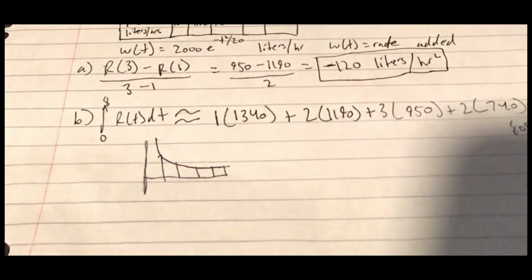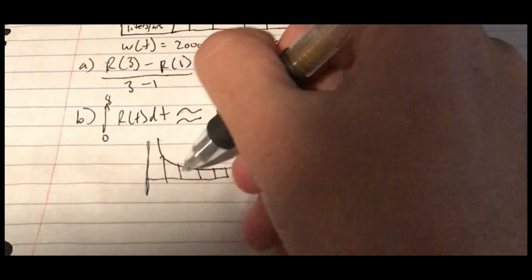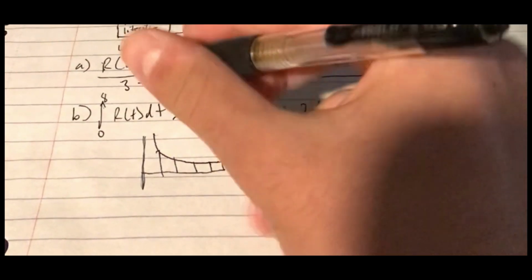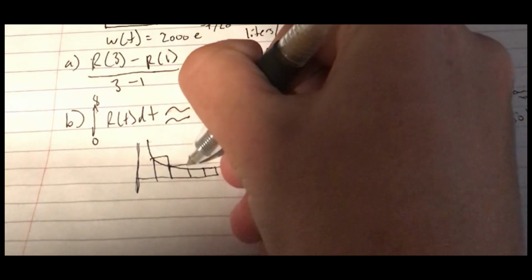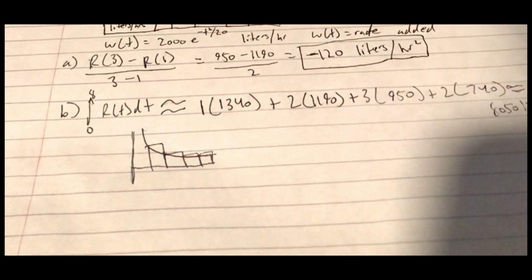For the height, this is going to be our length values right here, but our height values are based on the left endpoint. So this is what our rectangle is going to look like. And as you can see, it goes over the graph. So clearly this is going to be an overestimate.